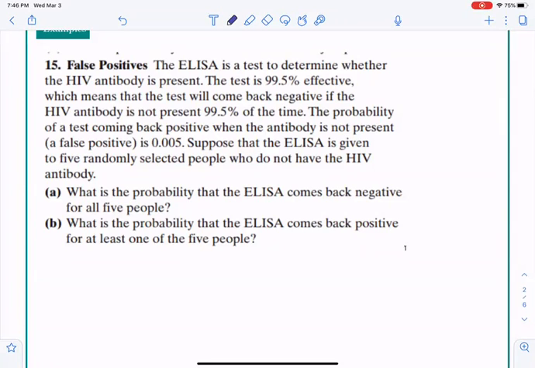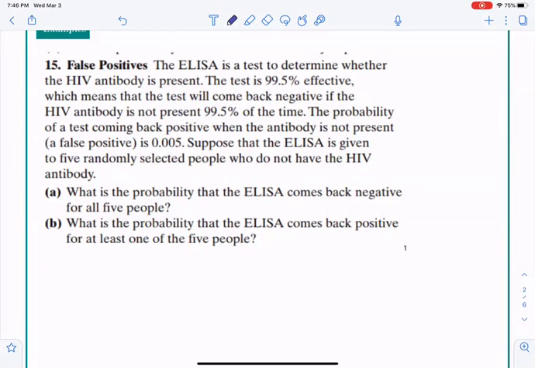So the probability of the test coming back positive when the antibody is not present, in other words, a false positive, in the sense the test is telling you that you've got HIV, and in reality, you don't have HIV, is only about 5 in 1,000, so 0.005.